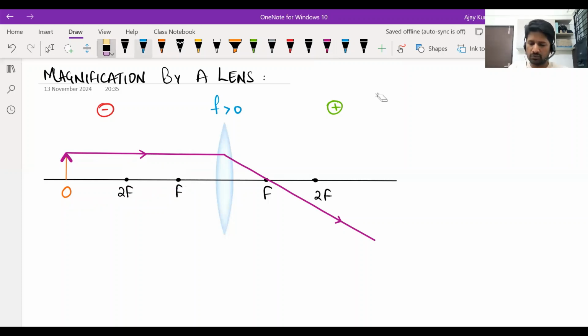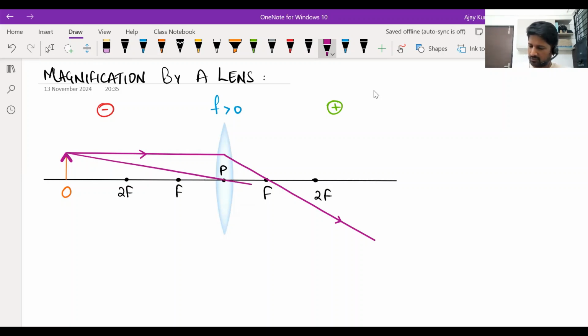Can we take it through the optical center of the lens? Yes sir, for a lens, we call this point the optical center. We don't call it the pole. Suppose a ray is incident directly at the optical center of the lens. How does it pass after refraction? It doesn't get deviated.